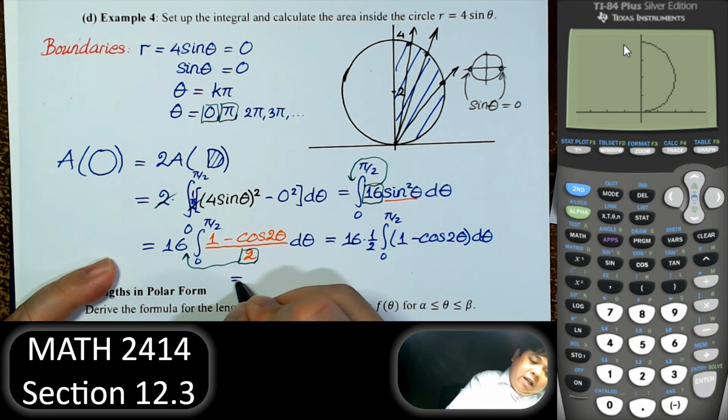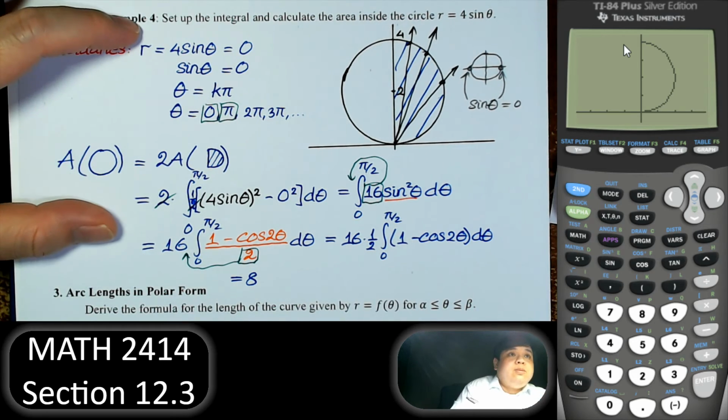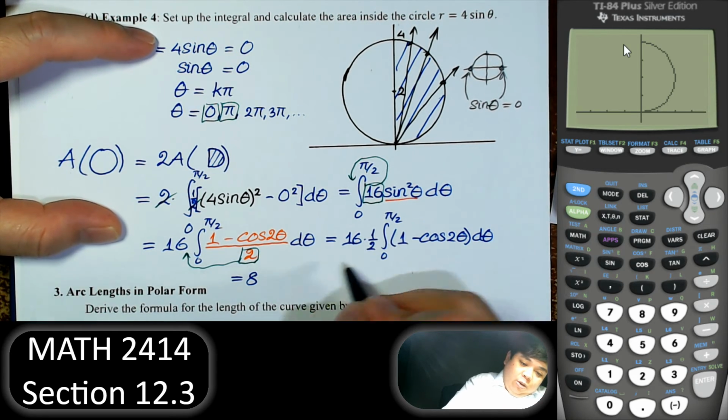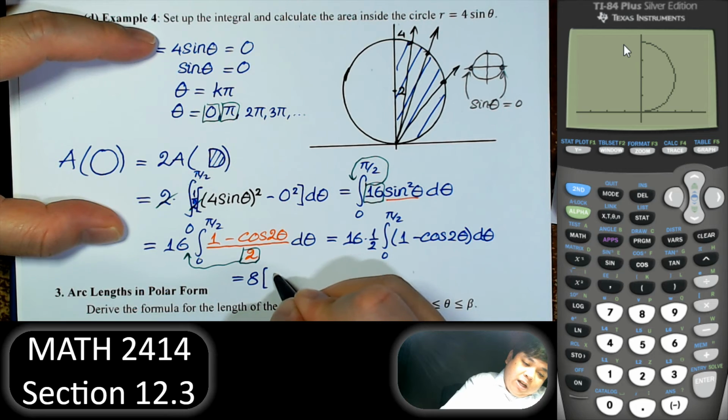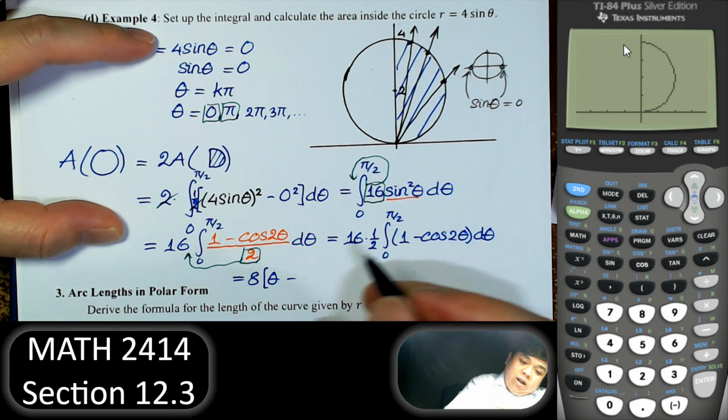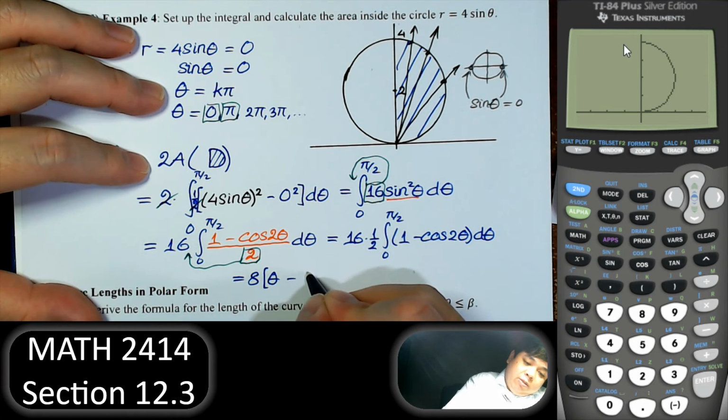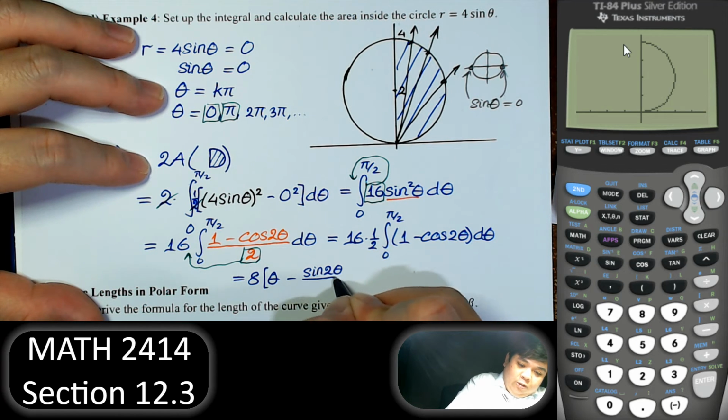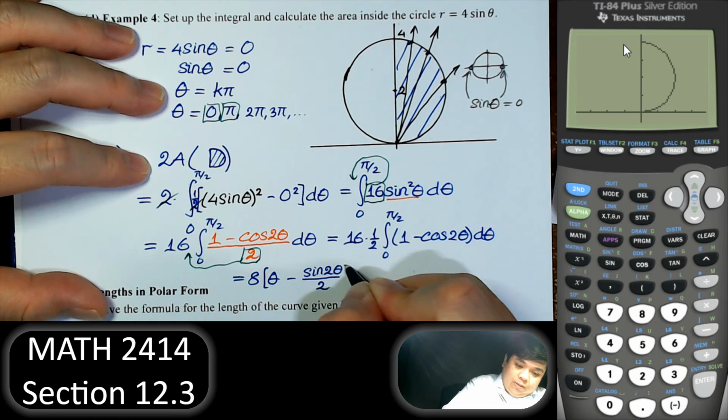Right, so that gives us 8, and then the integral of 1 is theta, the integral of cosine 2 theta is sine of 2 theta over 2, from 0 to pi over 2.